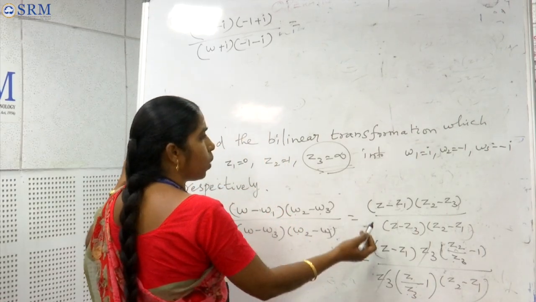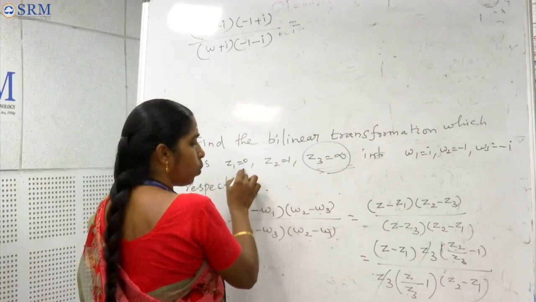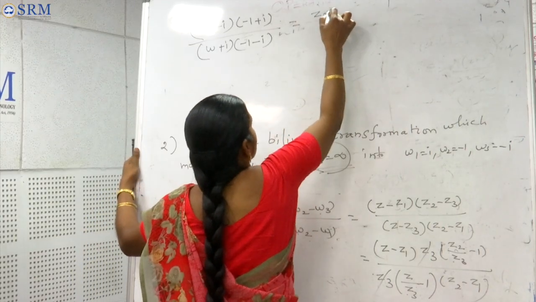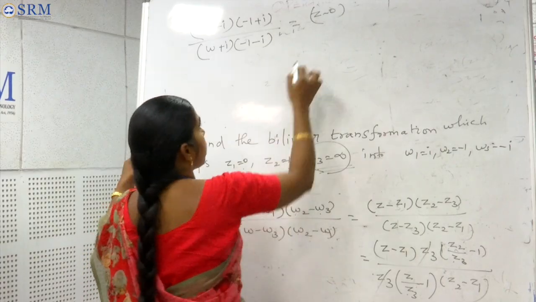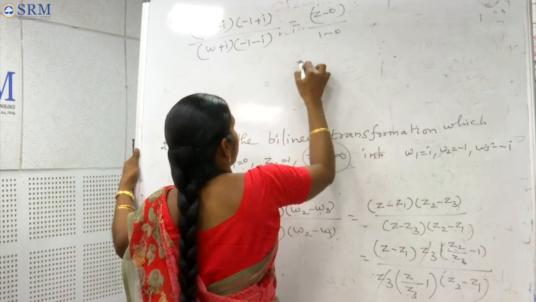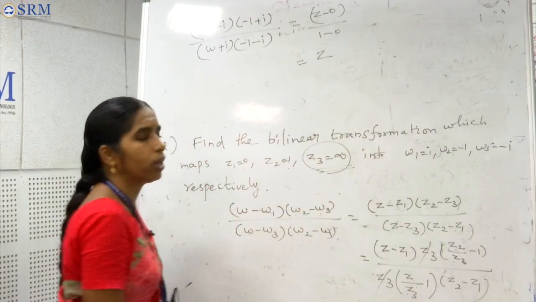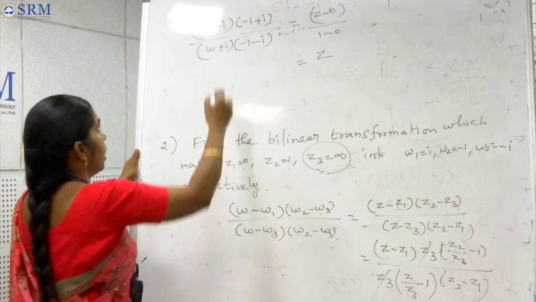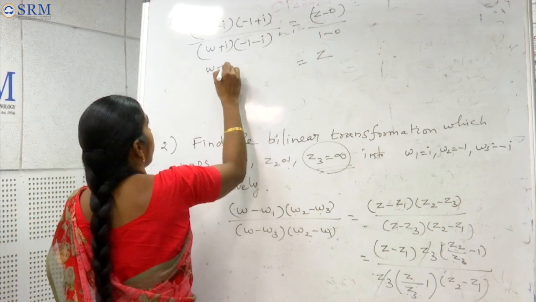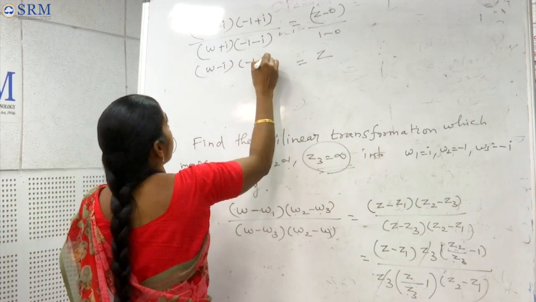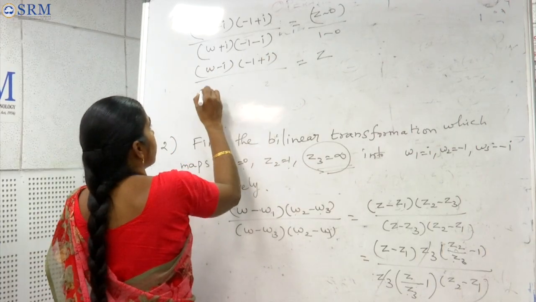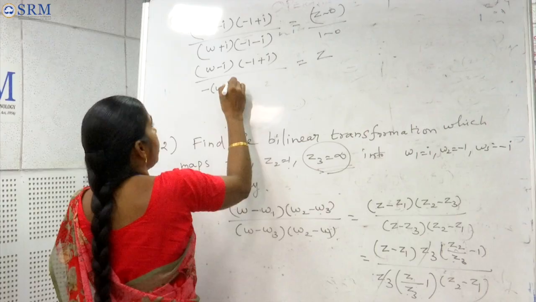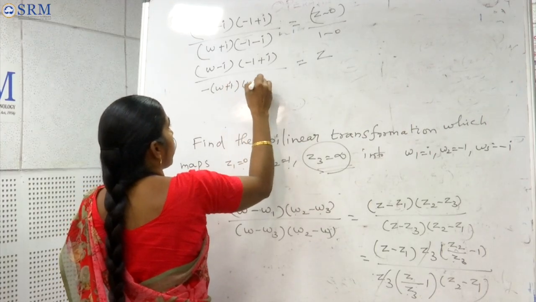Z minus Z1, where Z1 is 0, so Z minus 0 divided by Z2 minus Z1, 1 minus 0. So the right side is a simple function only of Z. The left side is W minus i, minus 1 plus i divided by, taking out minus, W plus i into 1 plus i.